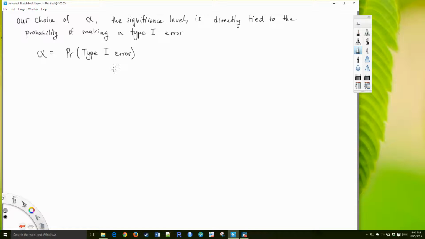And as researchers, we actually get to choose our alpha. The default level of alpha is 0.05, but we actually have a choice. If we really want to avoid type 1 error, we can choose to use a smaller alpha.